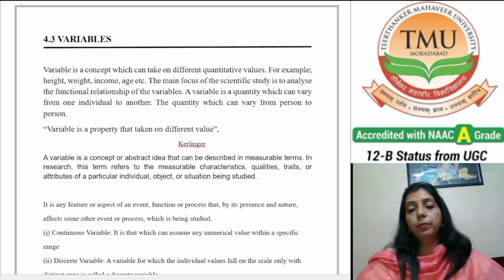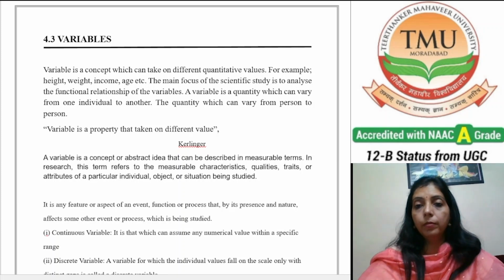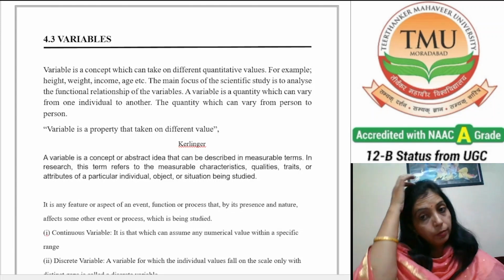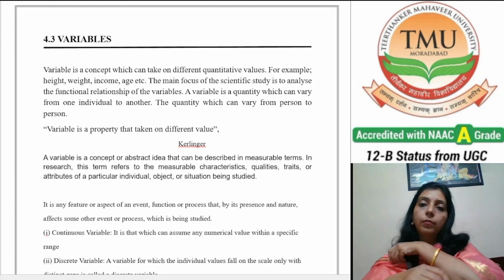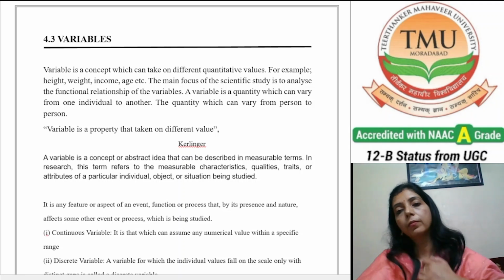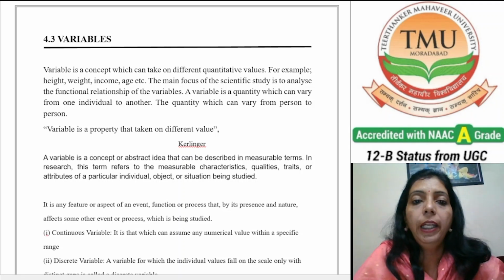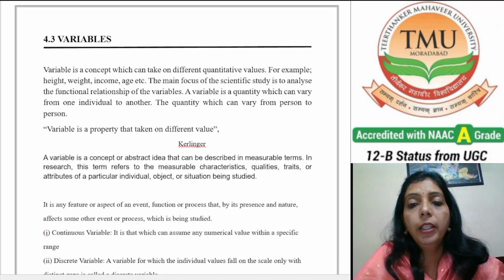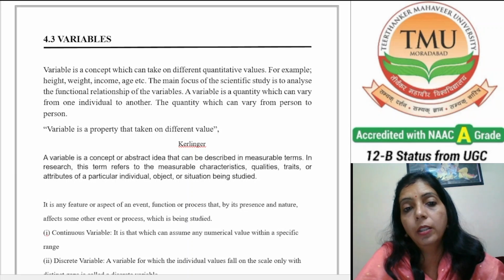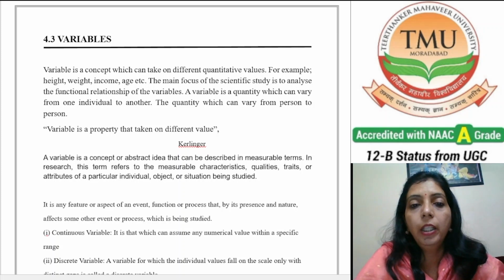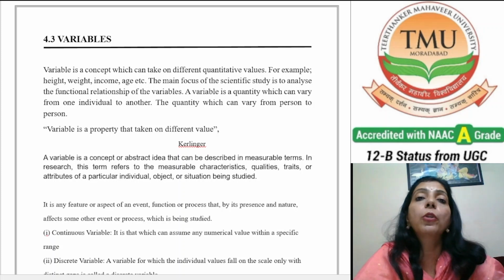For example, effect of immediate reinforcement on learning the parts of speech. Listen again. Effect of what?